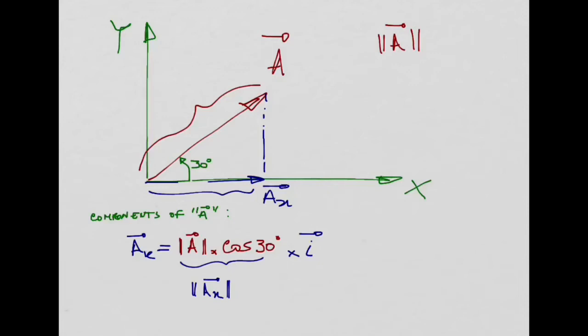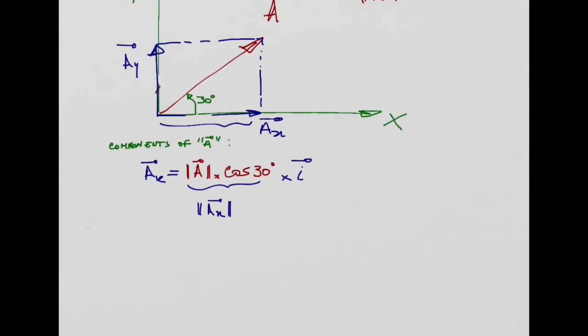And I need to do the same thing now for the y direction. I need now to project my vector A along the vertical direction. So what I'm going to do is try to obtain this vector here, which I will say is AY. Sorry, this is AX, you're correct.